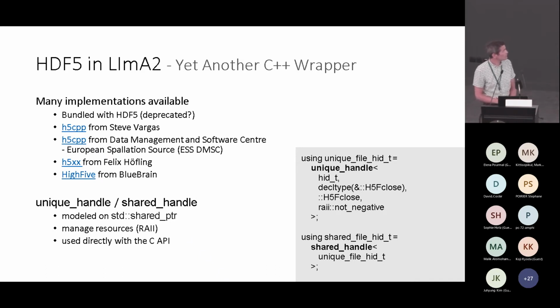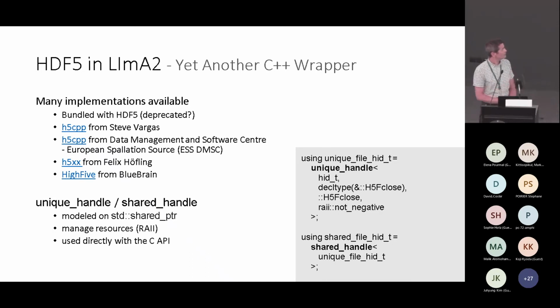So we are looking for a modern C++ wrapper, and we discovered that there are plenty of them actually. We have of course the one which is bundled with HDF5, and I'm not sure if it's deprecated. Maybe that's not the case, but at least it doesn't support MPI, for instance, officially.